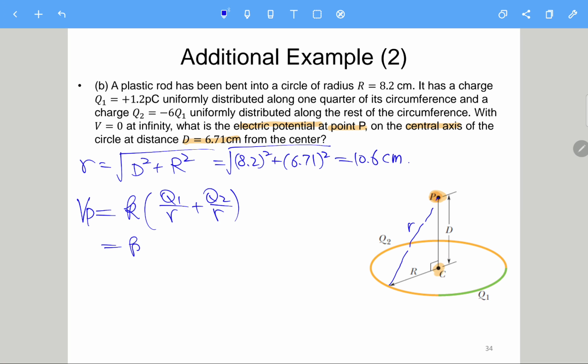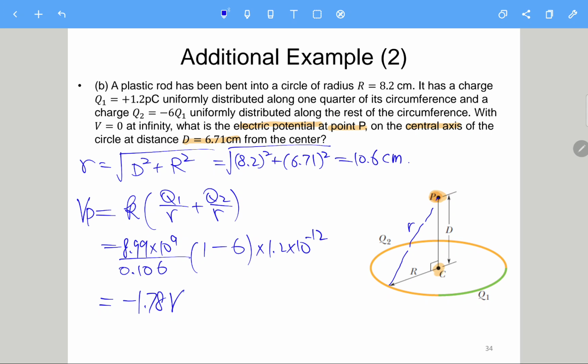So it is K, 8.99 times 10 to the 9th power over 10.6 centimeters, which is 0.106. And then Q1 times (1 minus 6) times 1.2 times 10 to the minus 12. So it is minus 1.78 volts.